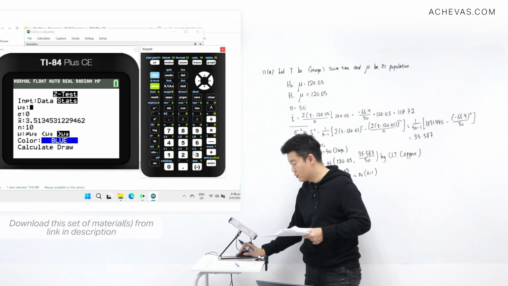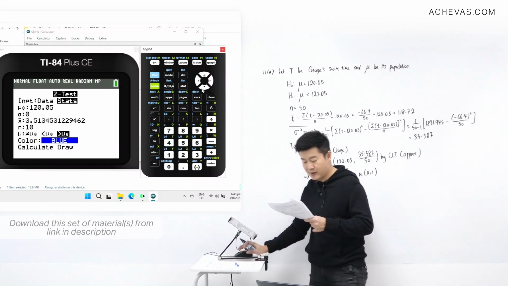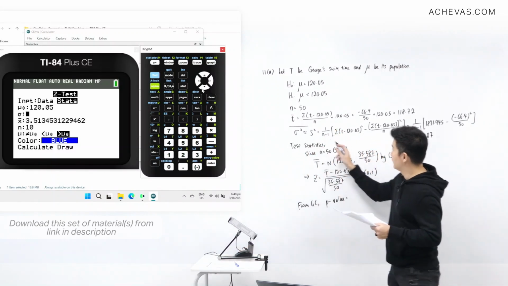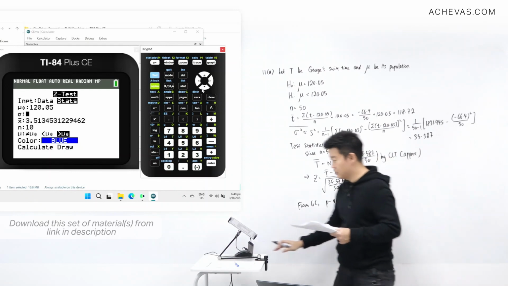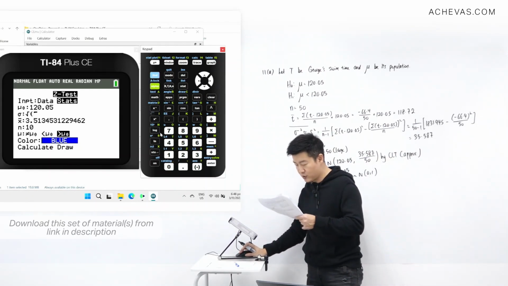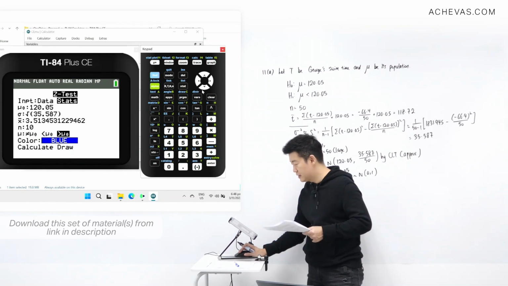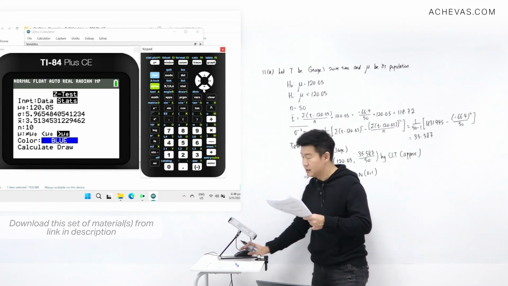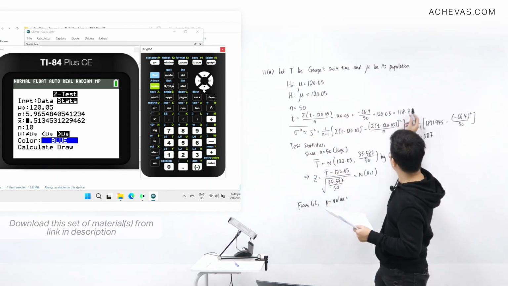Mu is equal to 120.05. For sigma, I'm going to press in the standard deviation of the population, so it's going to be the square root of 35.587.